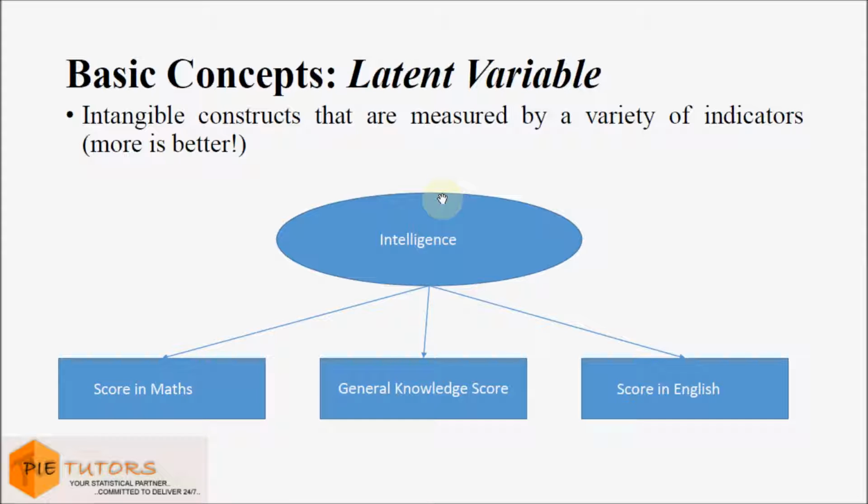Latent variables. These are intangible constructs that are measured by a set of indicators or observed variables. So with reference to the earlier example related to students' intelligence study, we see that intelligence is a latent variable. When we specify our structural equation models, we specify our latent variables using elliptical boxes.